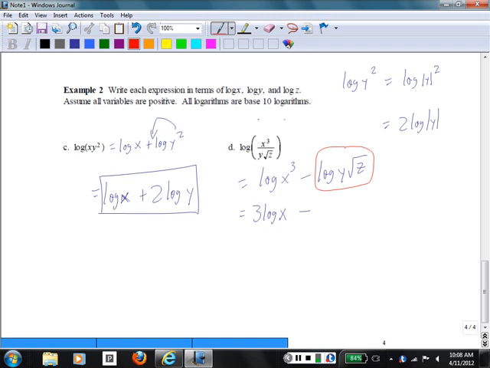Somehow we have to indicate that we're subtracting that entire sum. So where there were not previously parentheses, we're going to need parentheses, just like that, or we're going to miss the sign in front of the log of the square root of z. So it's minus all of this, and all of this would be the log of y plus the log of the square root of z.